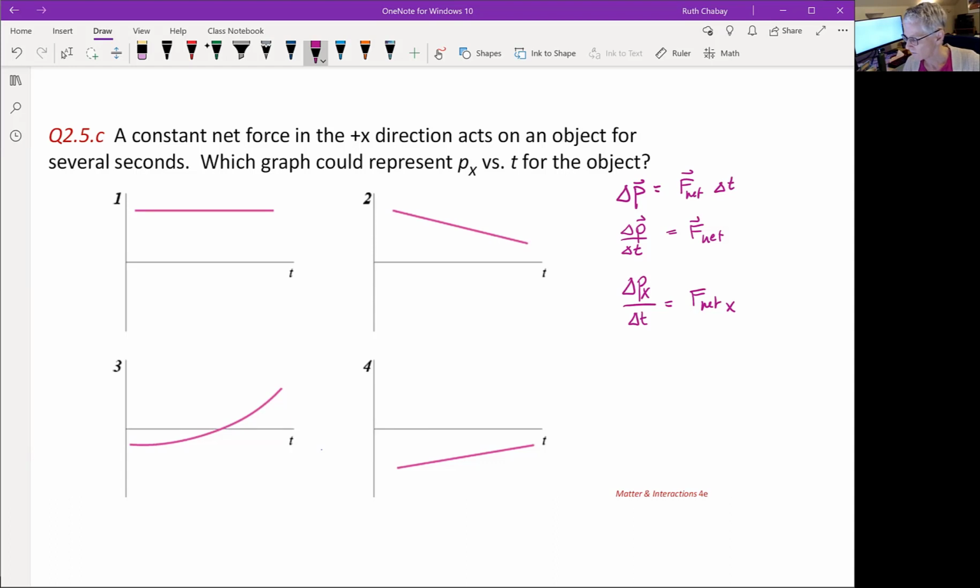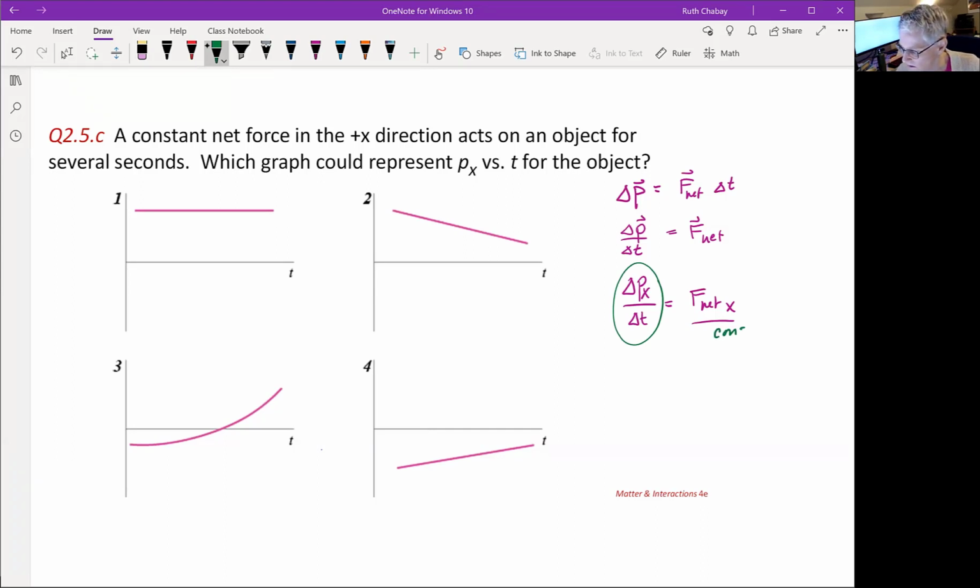Now, if this is a graph of the x component of momentum versus time, and the force is constant, that means that this quantity, delta p sub x over delta t, is constant.